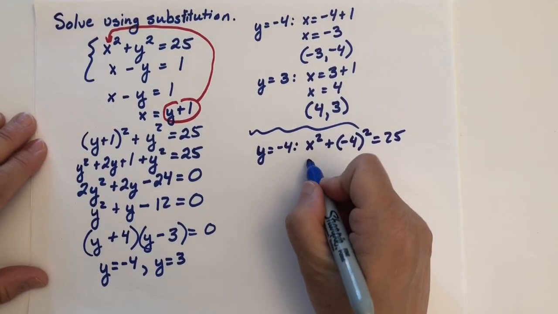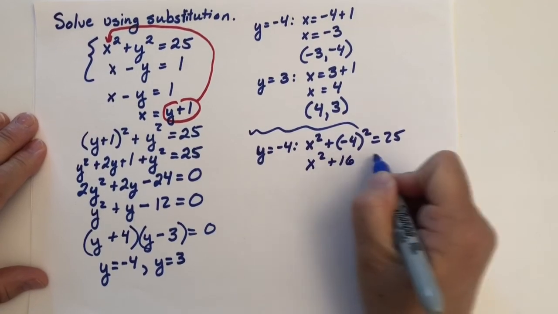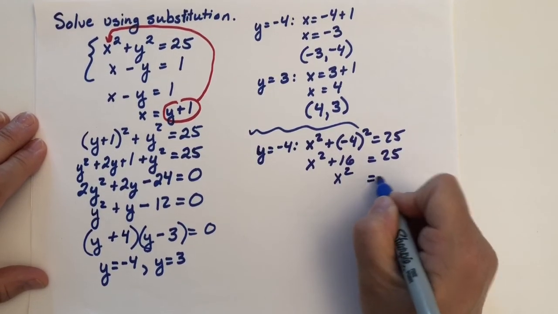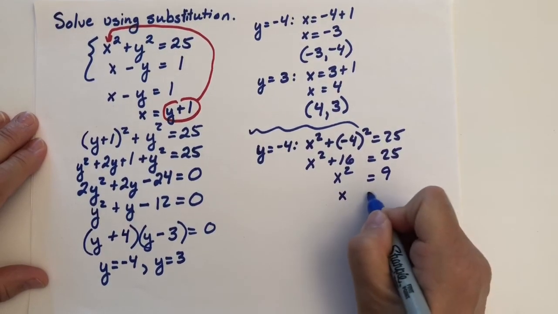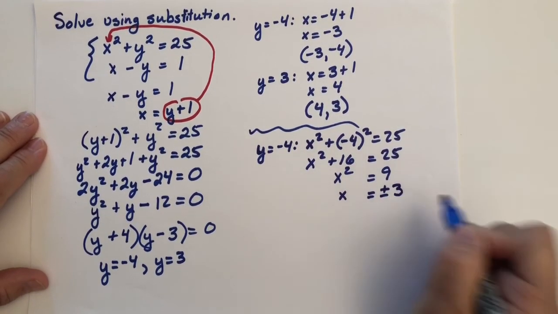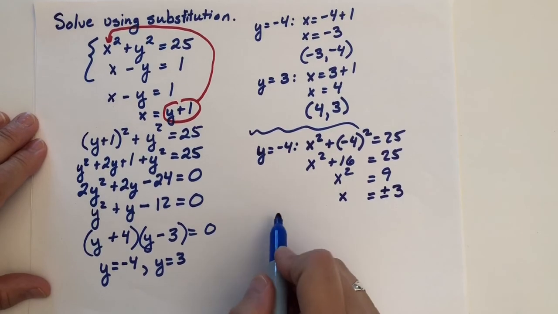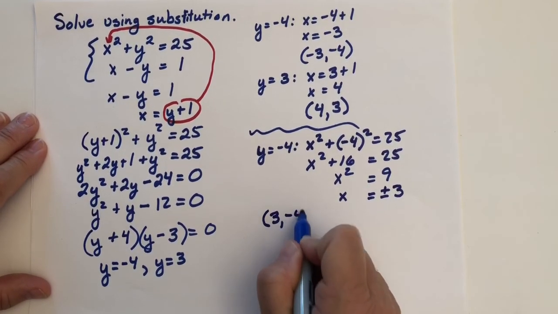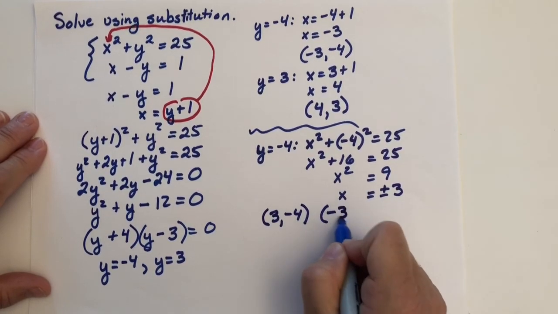We get x squared plus 16 equals 25. We get x squared equals 9. And that generates x equals plus or minus 3. So in fact, this would represent two ordered pairs, 3, negative 4, and negative 3, negative 4.